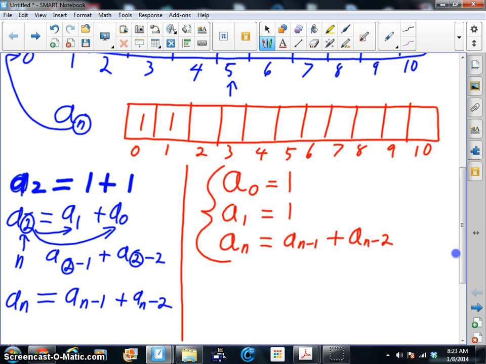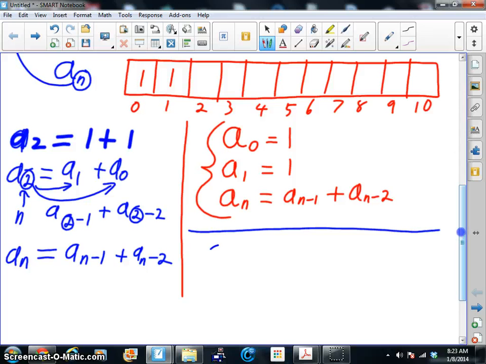And you can use this beyond there. So say, for instance, just to see parts of the sequence, I want to find what A sub 2 is. That's equal to A sub 2 minus 1 plus A sub 2 minus 2. Alright, so where was I?